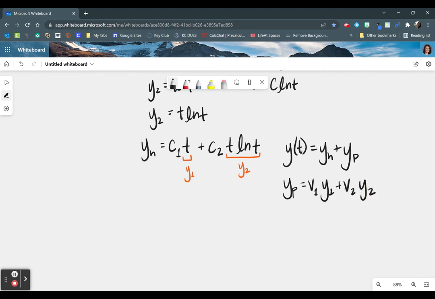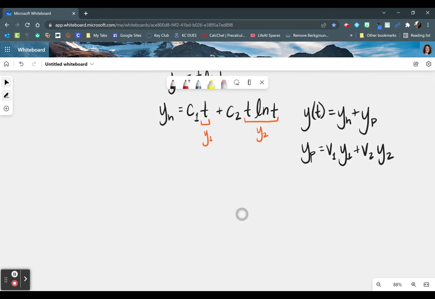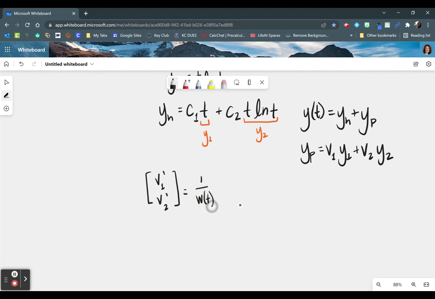All right. We went through the whole process and learned that I've got this matrix equation that tells me that v1 prime, v2 prime is equal to 1 over the Wronskian times my matrix consisting of a negative y2 g of t element and a y1 g of t element.